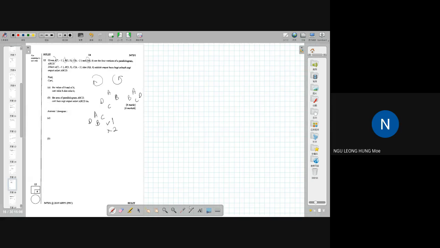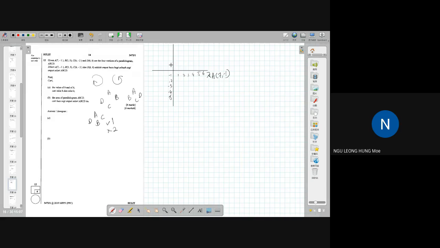Okay, so we try to sketch a simple graph. So A is (7, -1).